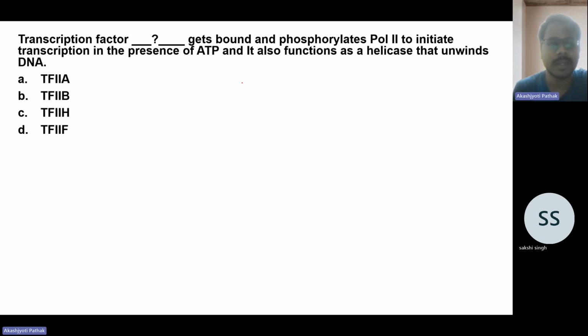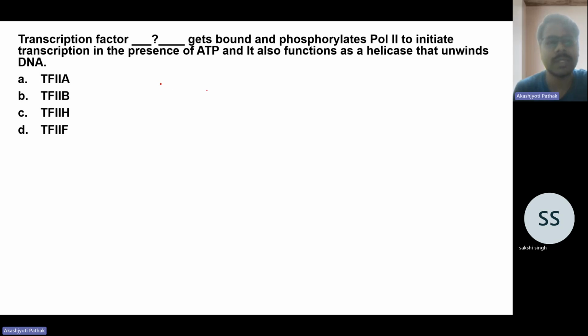Transcription initiation in eukaryotes is different from that in prokaryotes. For transcription initiation in eukaryotes, different transcription factors are required for the RNA polymerase to be recruited on the transcription unit of the DNA.